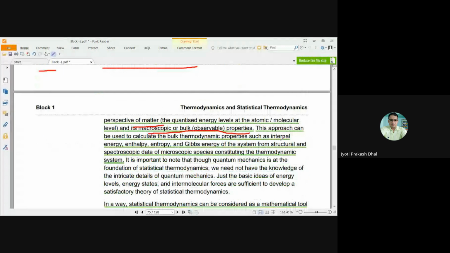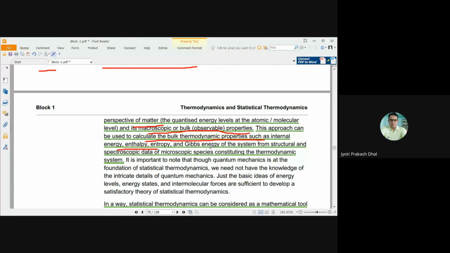This approach can be used to calculate bulk thermodynamic properties such as internal energy, enthalpy, entropy, Gibbs energy of the system, and structural and spectroscopic data of the microscopic species constituting the thermodynamic system.